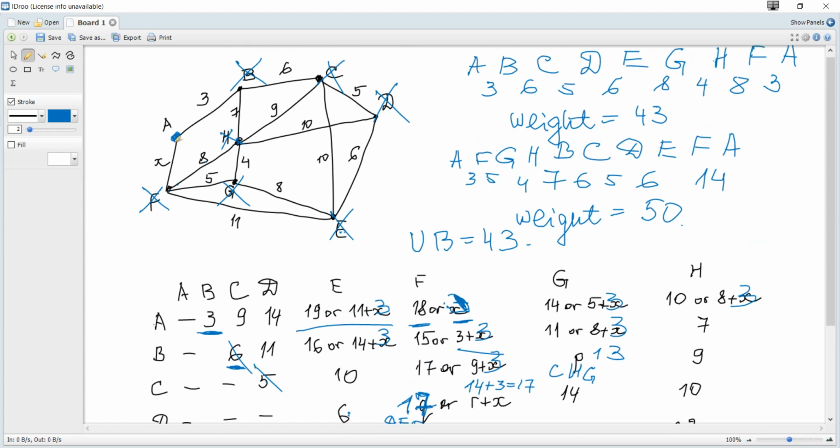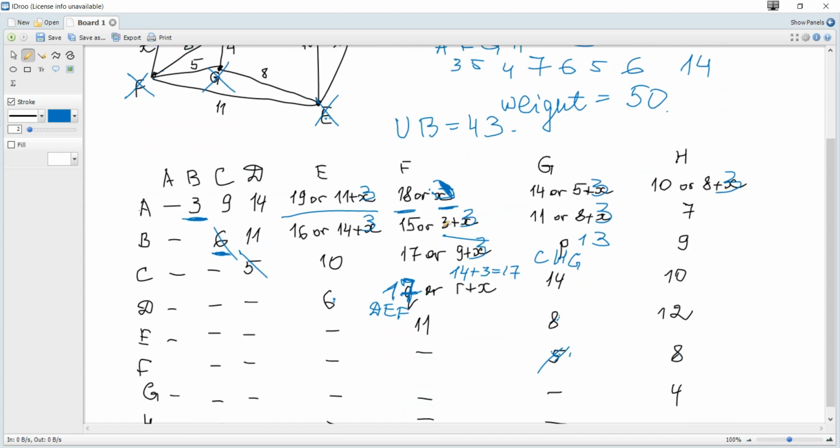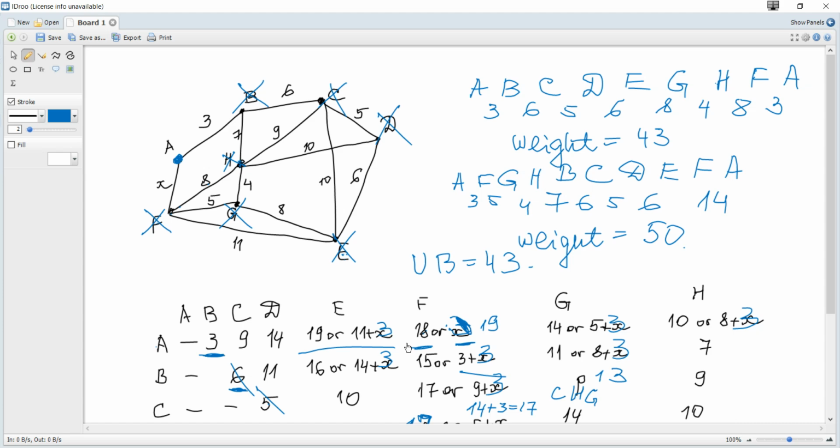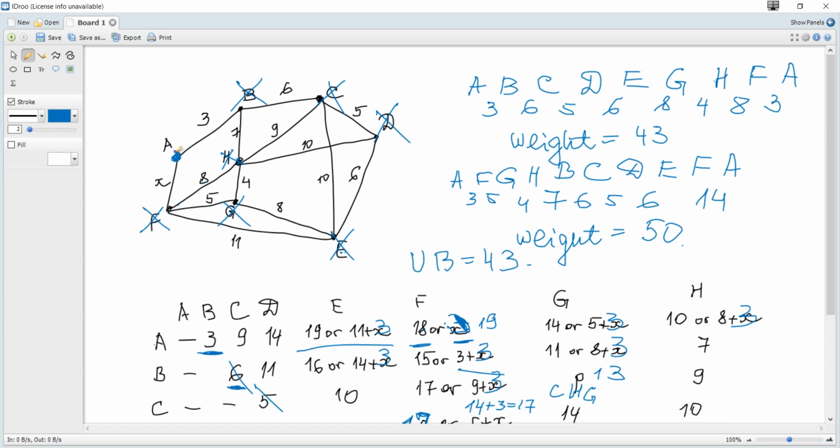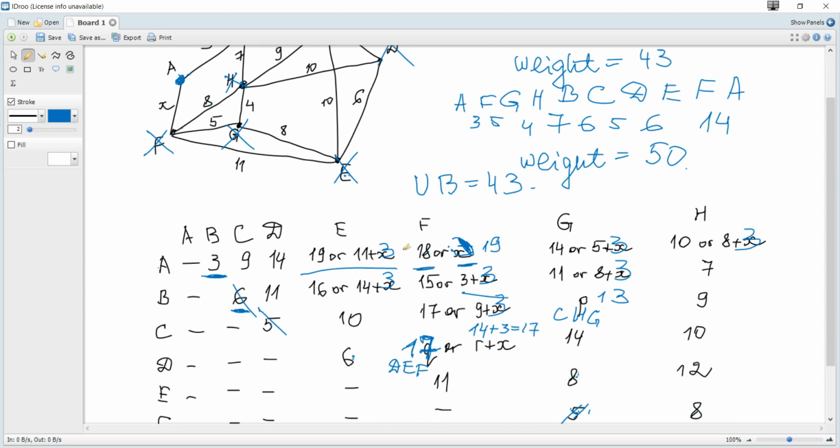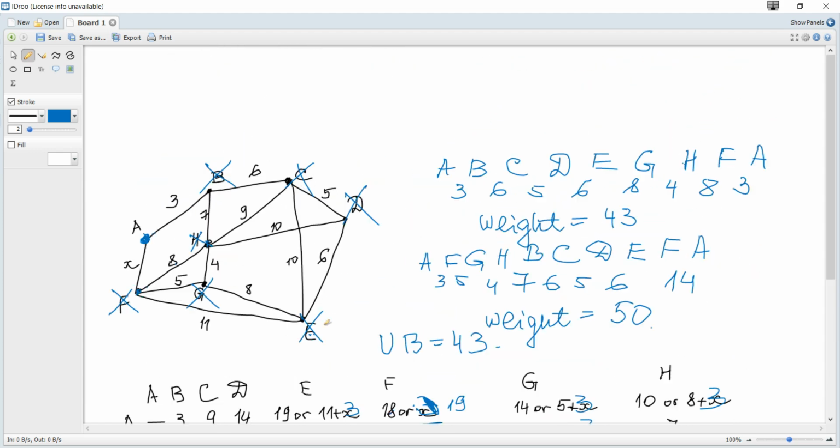It will not be used when x is, for example, 19 or greater. We choose what? AF, which is 18. From A to F, some other route which is less than the direct edge, which is 19. So x is 19.